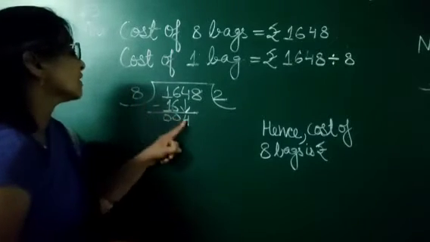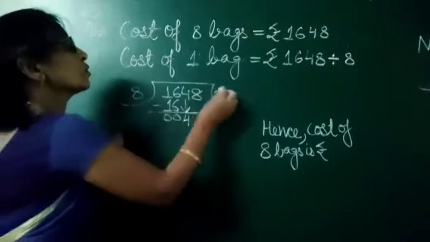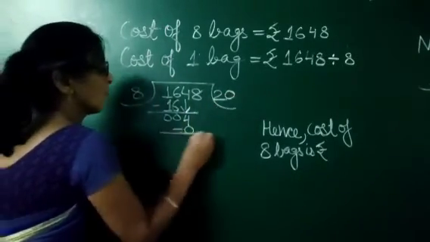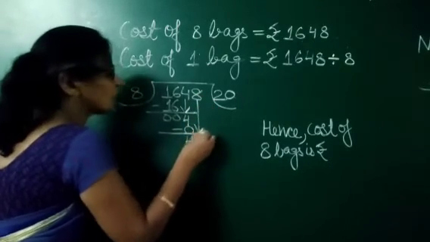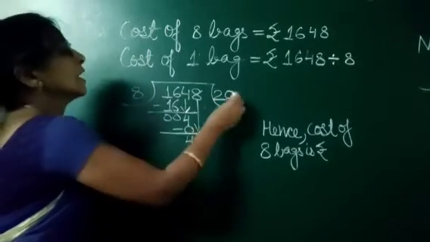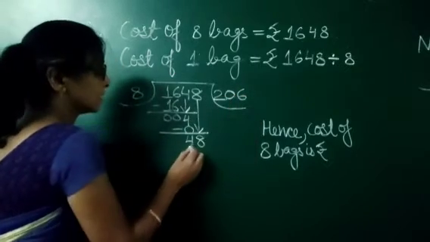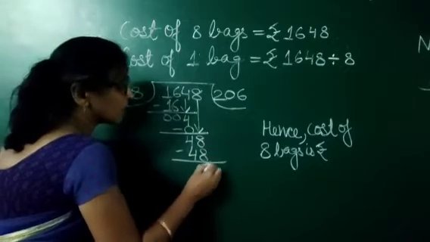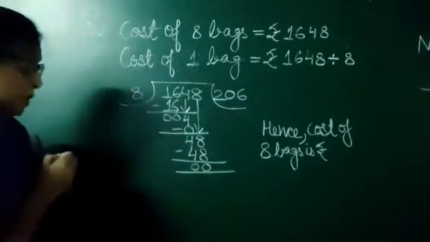And here we see that 4 is less than 8. So 0 times it goes, we write 8 zeros are 0, and 4 minus 0 is 4. Then we put this digit here and tell the table of 8. How many times does 48 come in the table of 8? That is 8 6s are 48, 6 times. Now we subtract this and we get zeros.